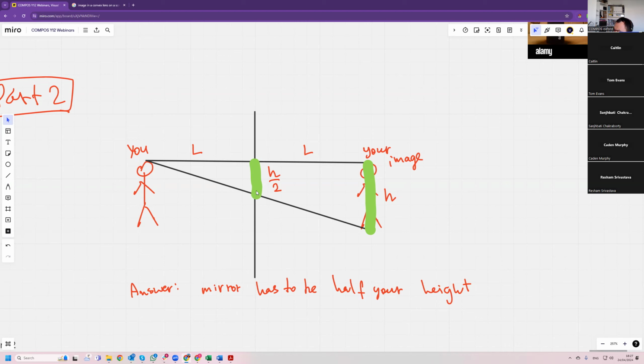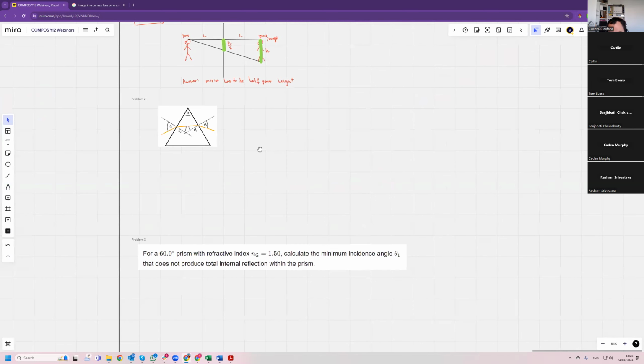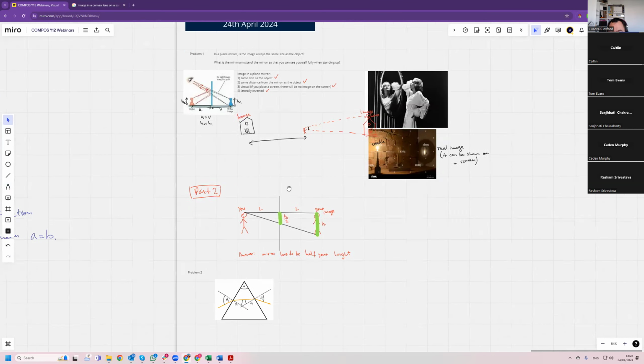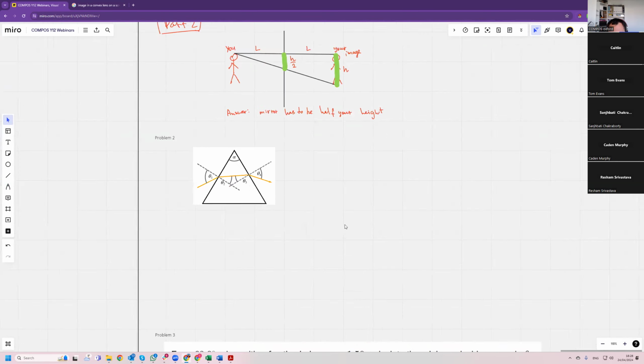That's an important concept. If you have a mirror, there is an image. You don't necessarily see it. Okay, good. Hope that was a nice exercise to start with.